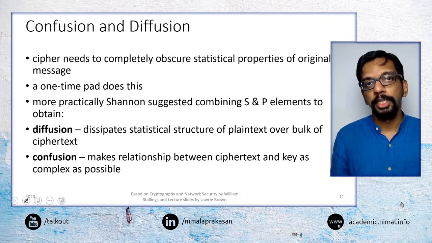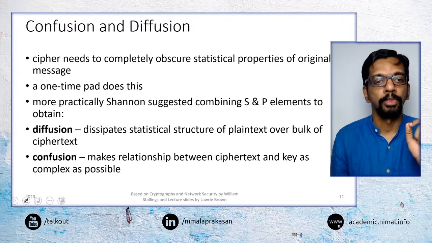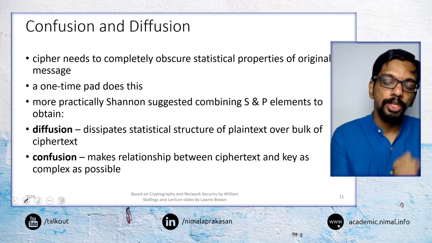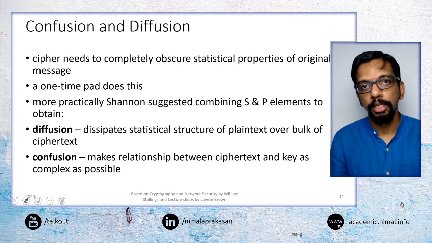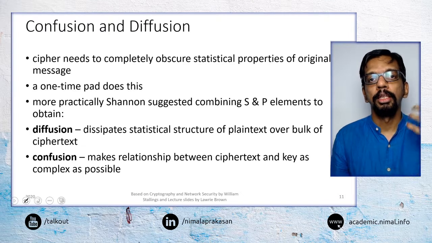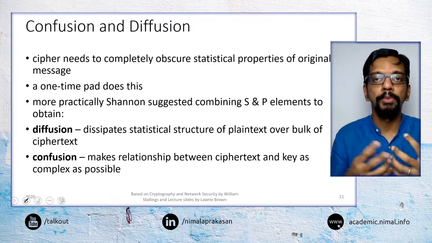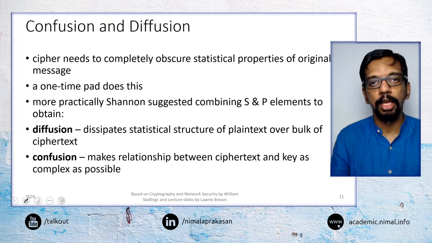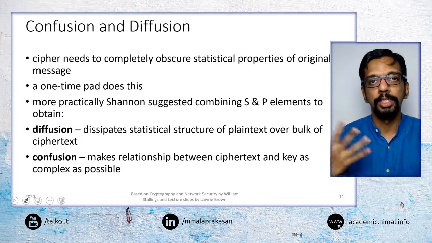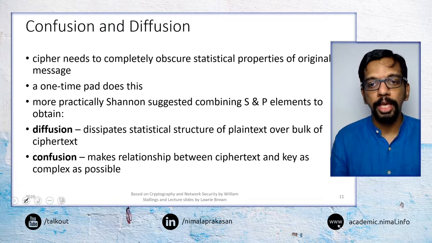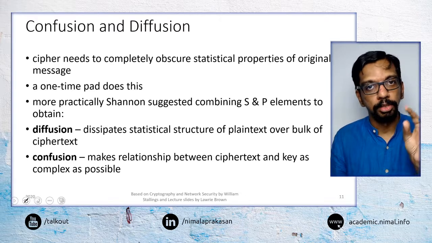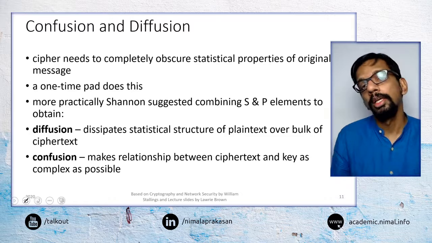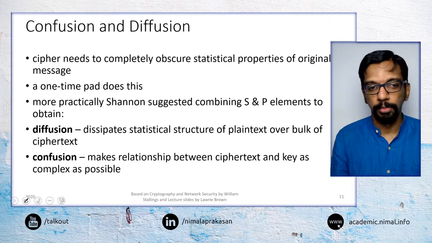So what is confusion and diffusion? One of the issues that we identified early with classical encryption mechanisms is the problem of statistical analysis. The message can be analyzed for statistical probabilities of the language and so on, and people can make guesses out of it. So the basic requirement that confusion and diffusion provide is obscuring the statistical properties of the original message.